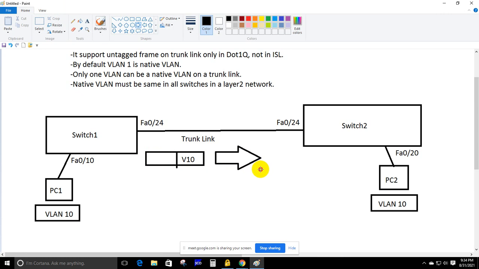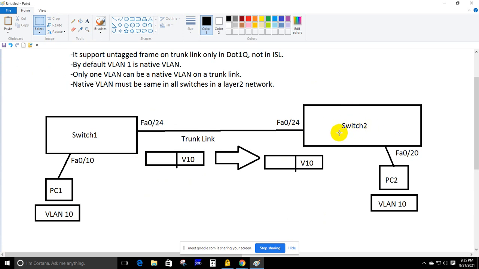Switch 2 receives a tagged frame on its trunk port F0/24.